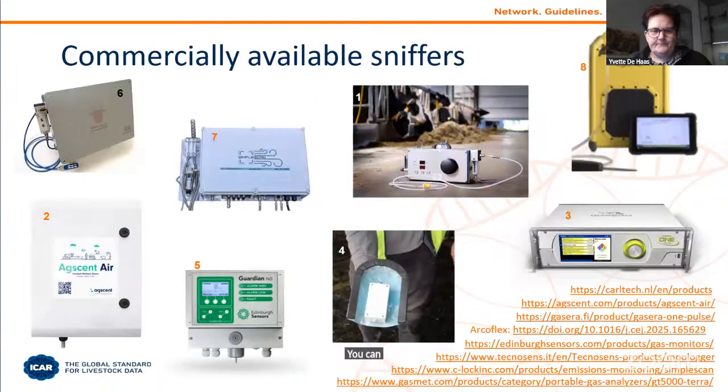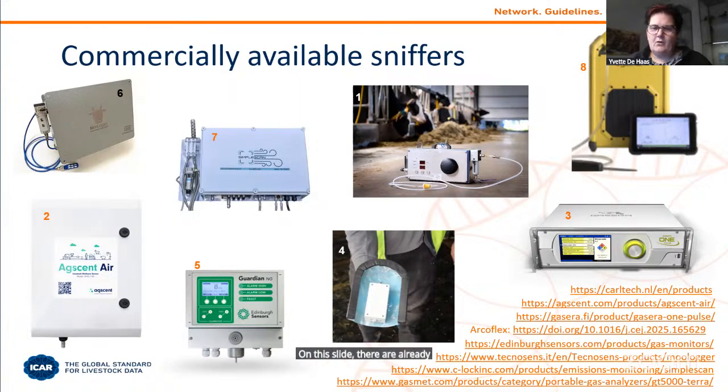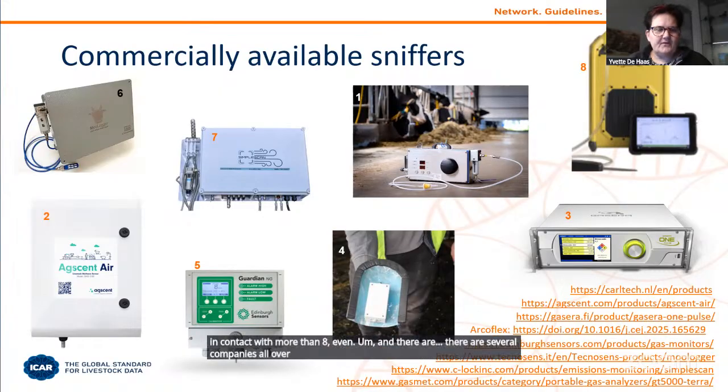You can see that what we did is approach manufacturers of commercially available sniffers. On this slide there are already 8, but by now I think we have been in contact with more than 8. There are several companies all over the world using different kinds of sensors and different ways to record methane.